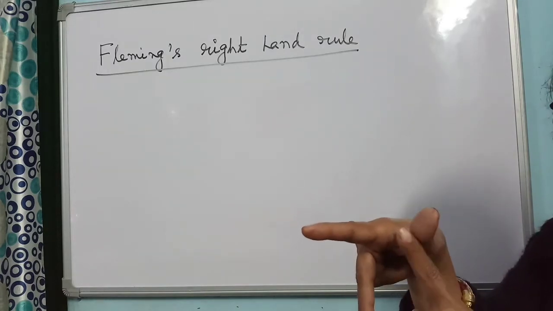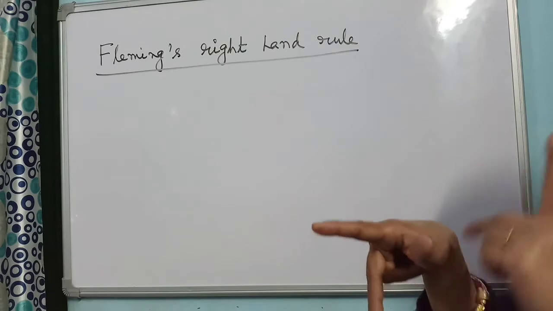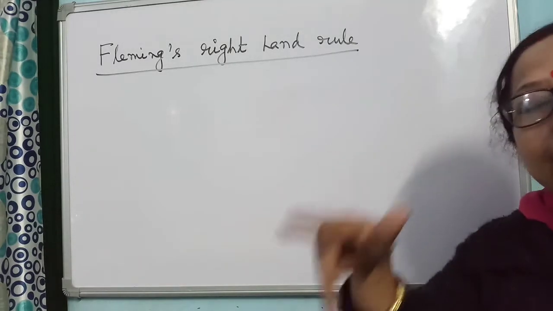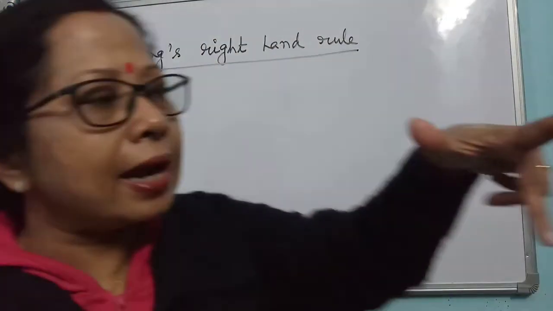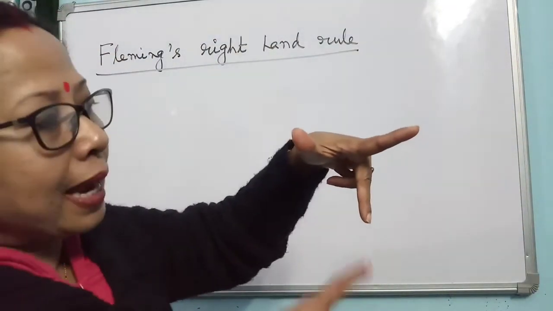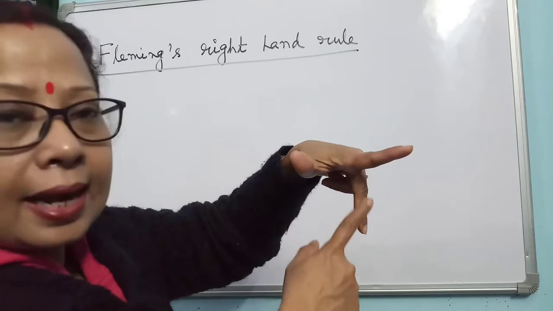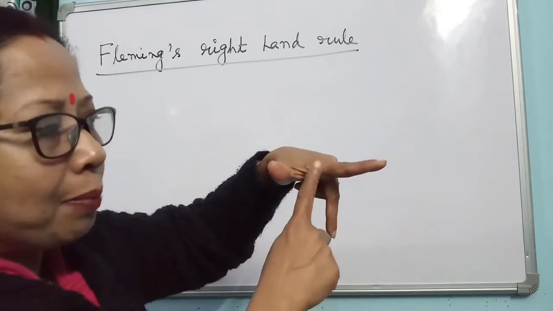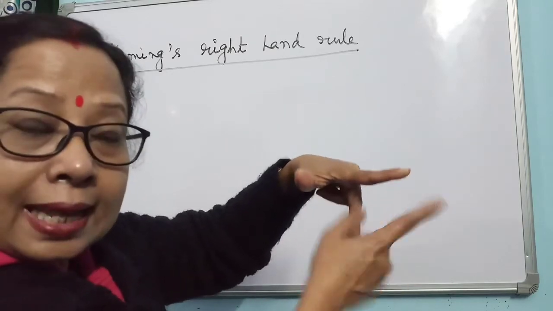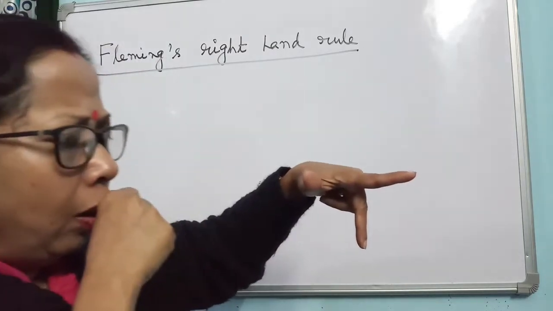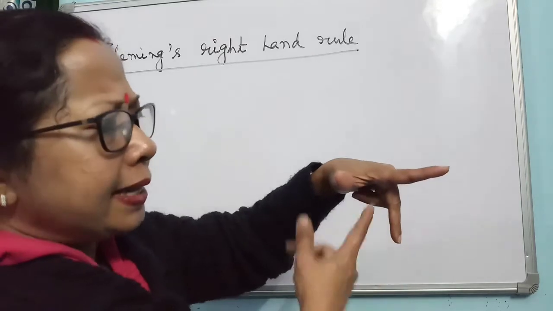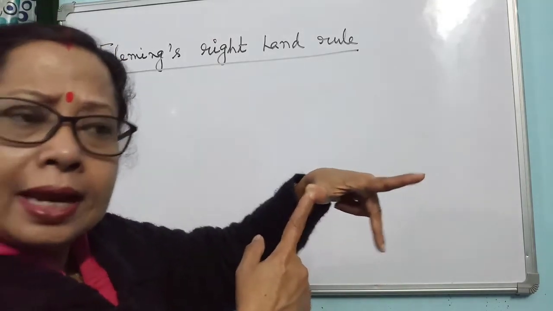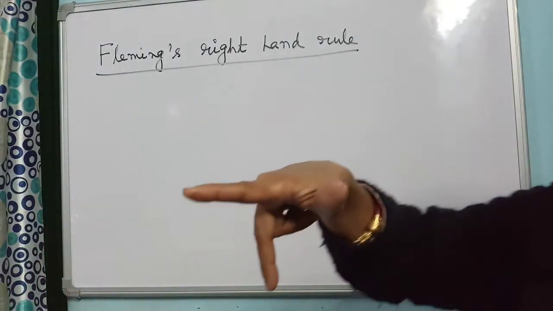Here one point you have to understand: when to apply Fleming's left hand rule and when to apply Fleming's right hand rule. In Fleming's left hand rule, there is a current carrying conductor, and current is moving in this direction. You have placed it in a magnetic field. That's why the conductor is moving in this direction. But in this case, what is happening?